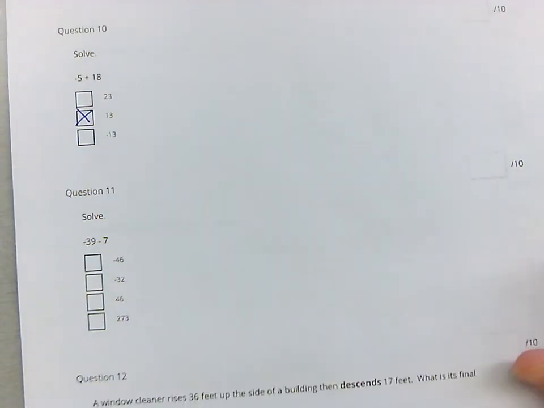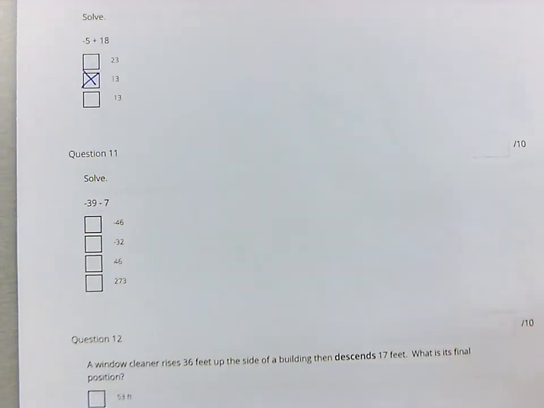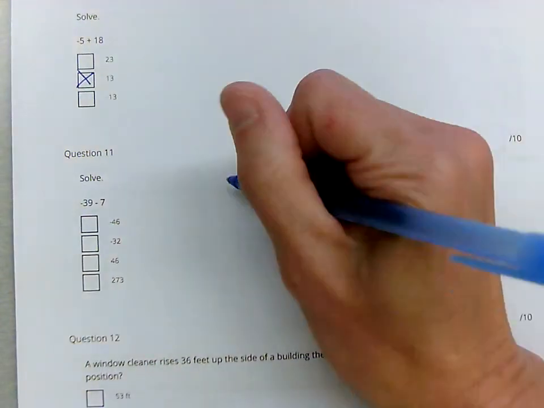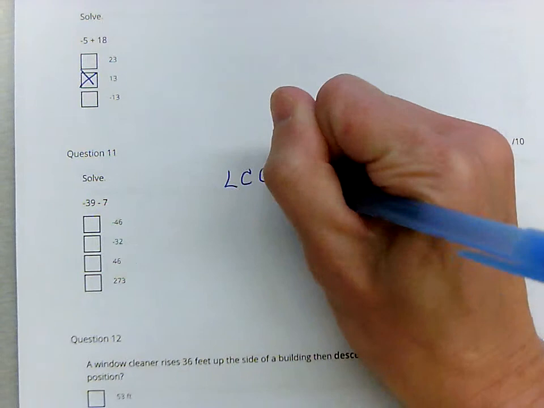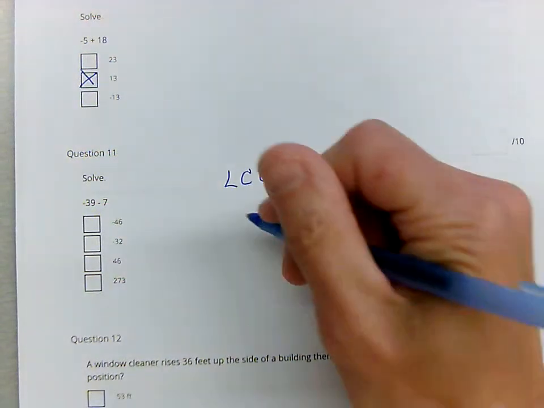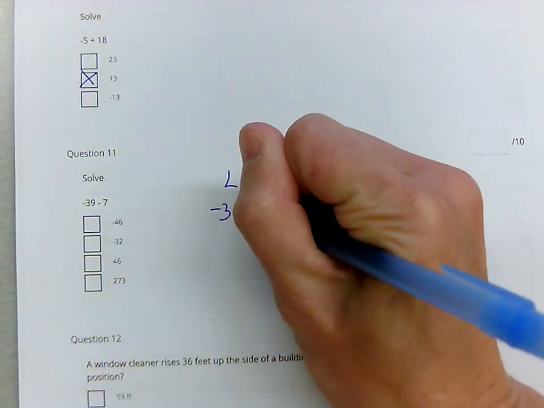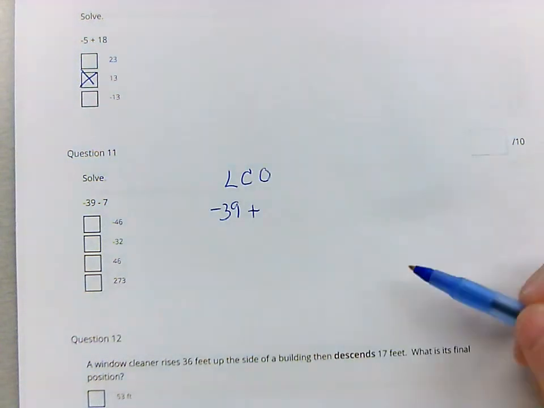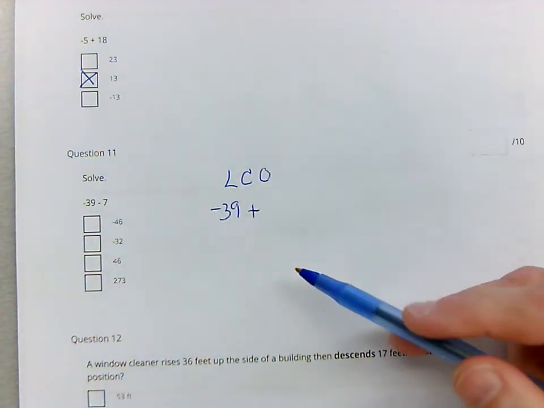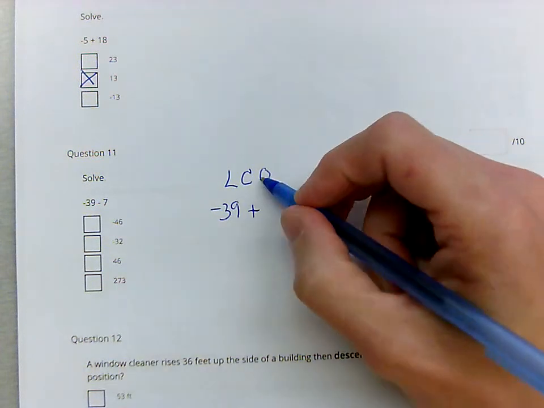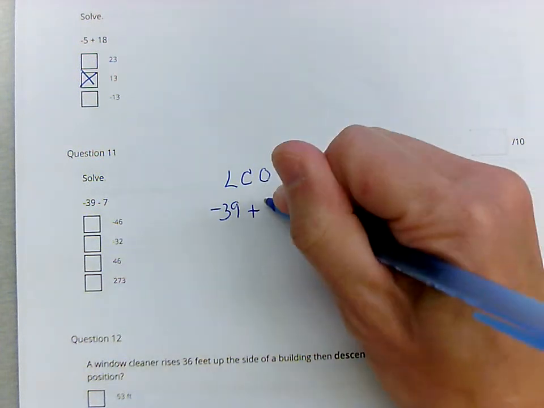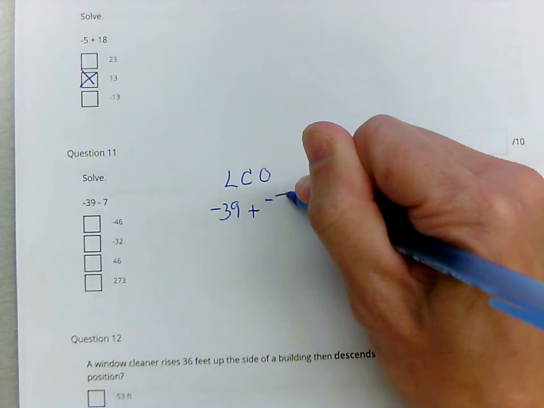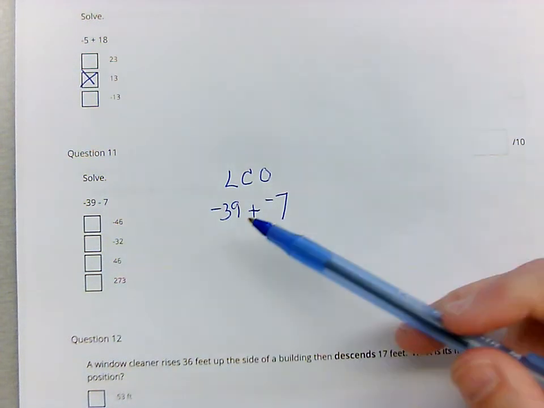Number 11, -39 minus 7. Here with your subtraction, you cannot forget leave change opposite, which means you leave the -39, you change subtraction to addition, and you do the opposite. That's a positive 7, so now that's going to become a -7.